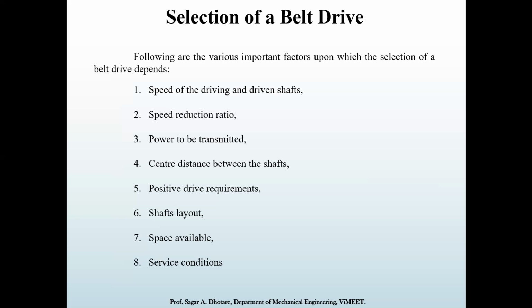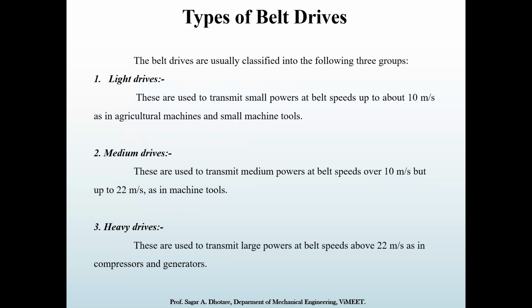Okay, so let's see the types of belt drive. The first classification is based on three groups: light drives, medium drives, and heavy drives. Now let's see how we can identify the light drive.